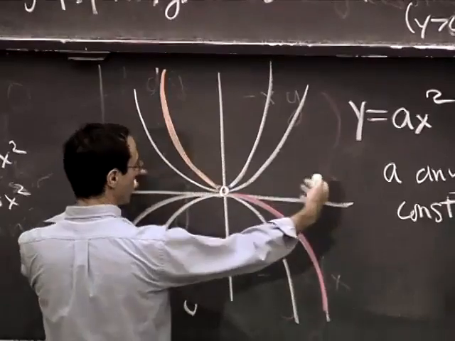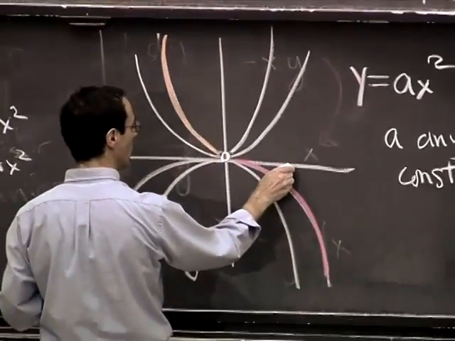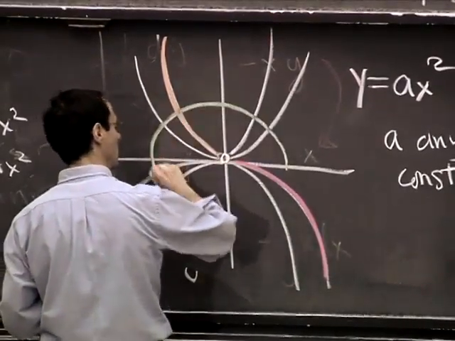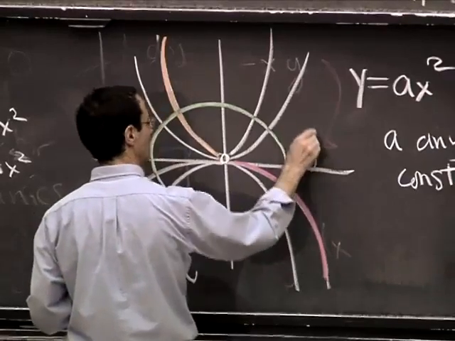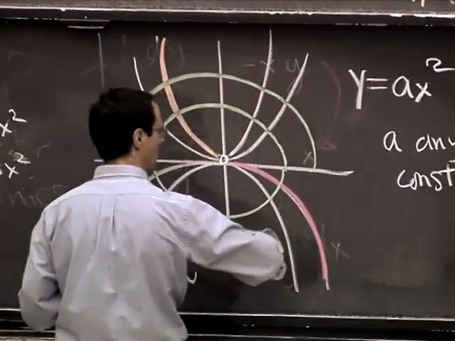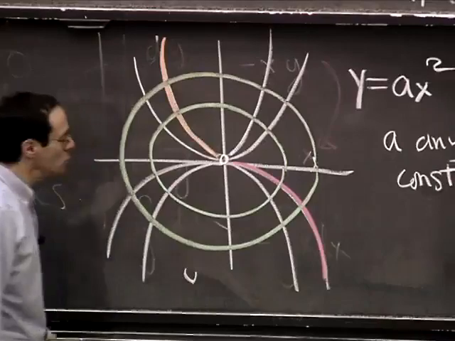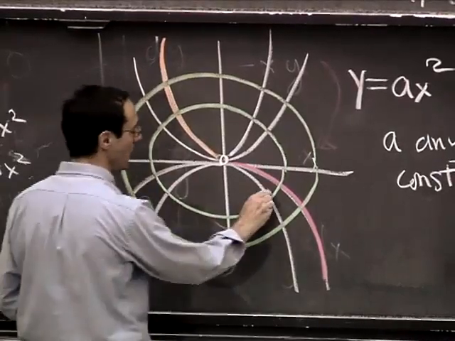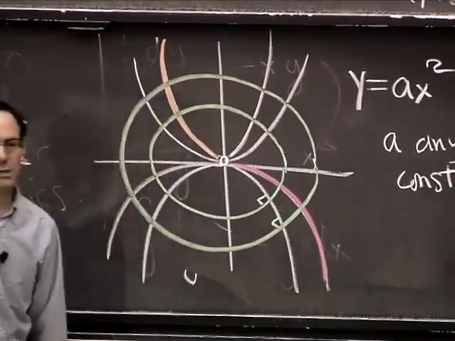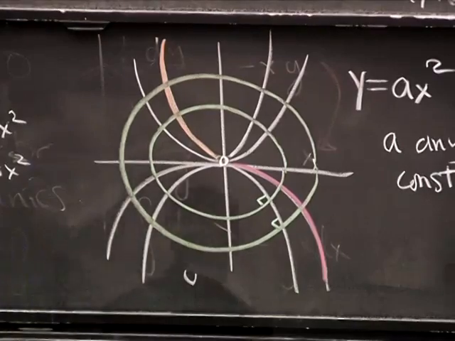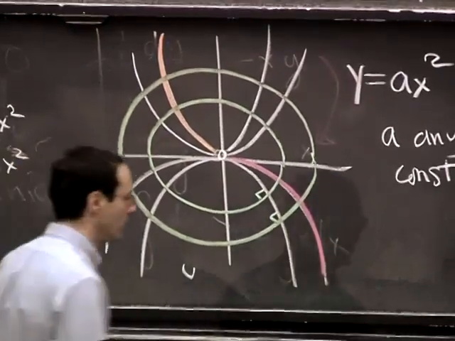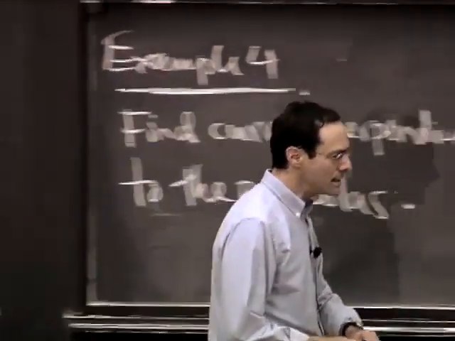These ellipses are kind of eggs. They're a little bit longer than they are high, and they go like this. And if I drew them pretty much right, they should be making right angles at all these places. Okay, last little bit here.